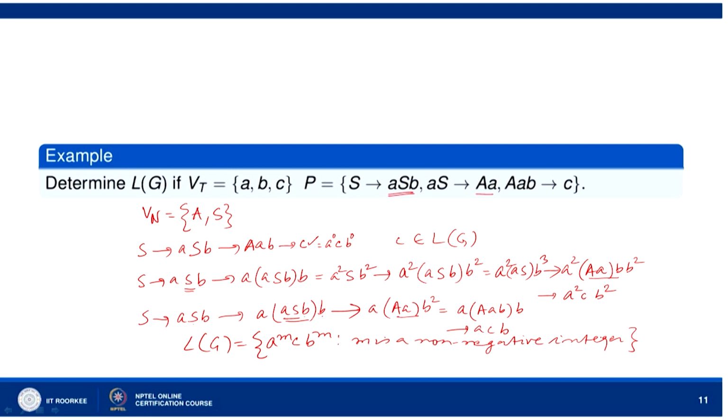This is the problem where we have taken V_n to be {A, S}, V_t to be {a, b, c} and the set of production rules P, and we found L(G). L(G) is the set of all elements a^m c b^m, where m is a non-negative integer.